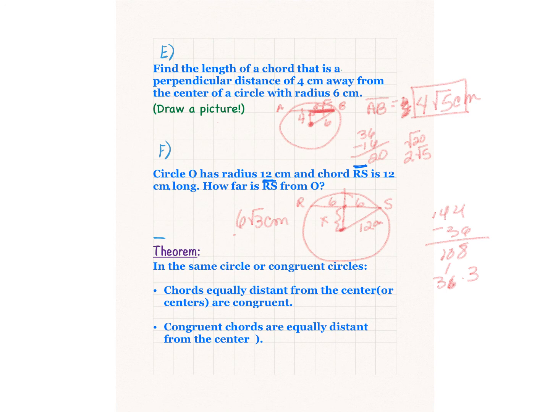And now we have some more theorems. The next theorem says, in the same circle or congruent circles, just like before, chords that are equally distant from the center or centers are congruent.